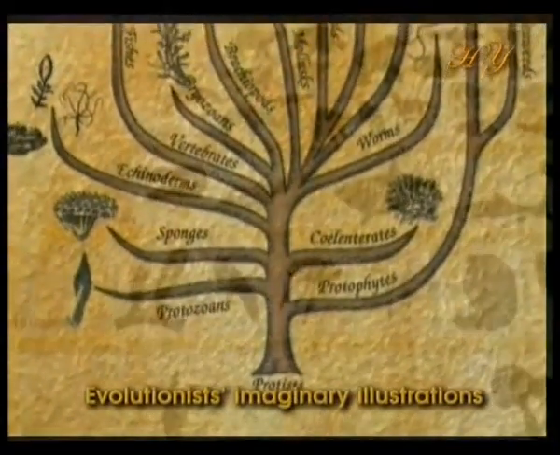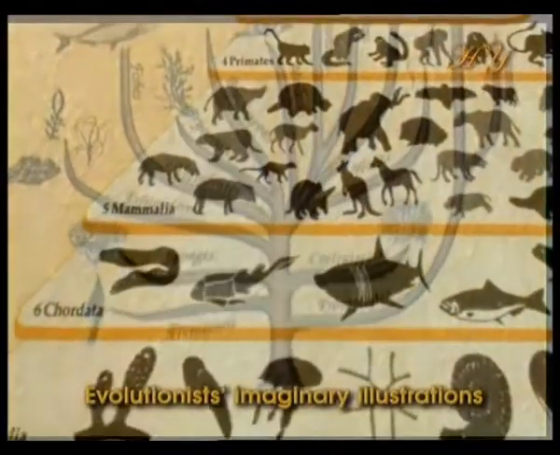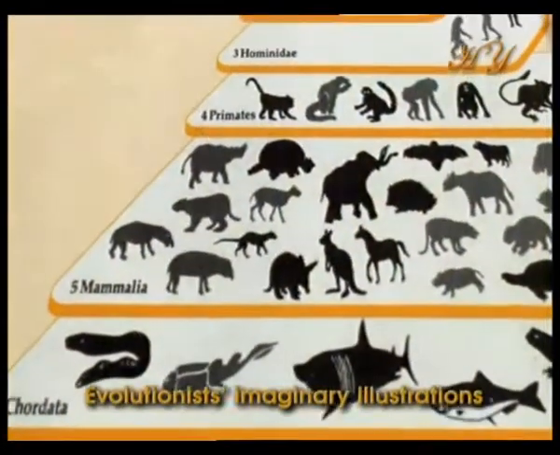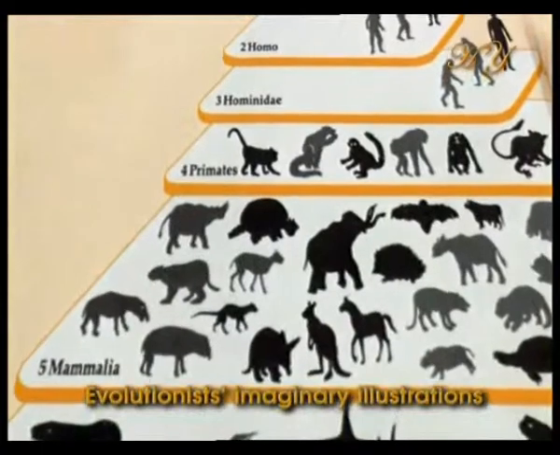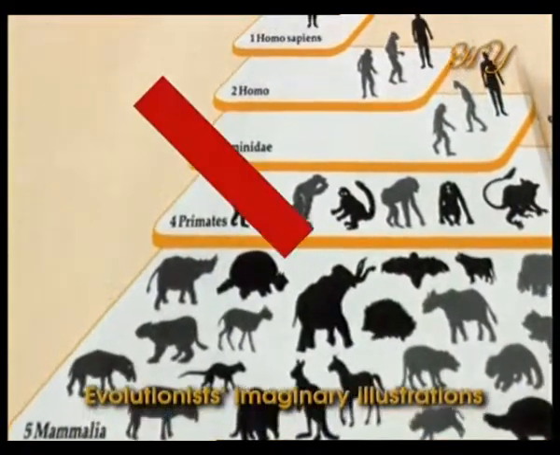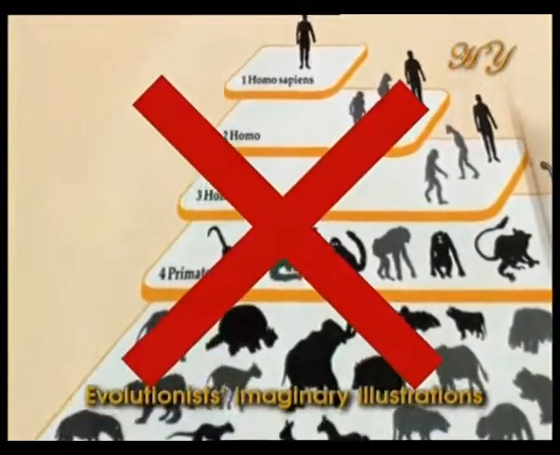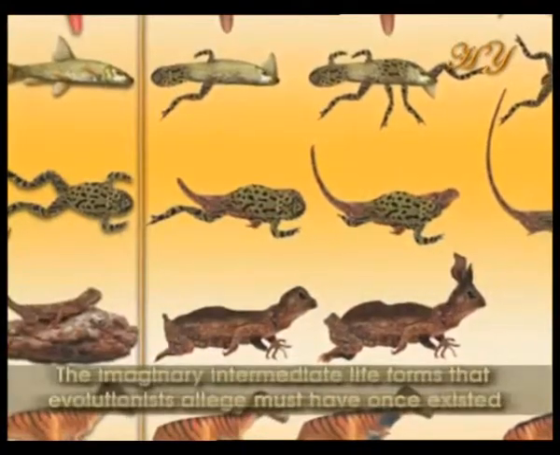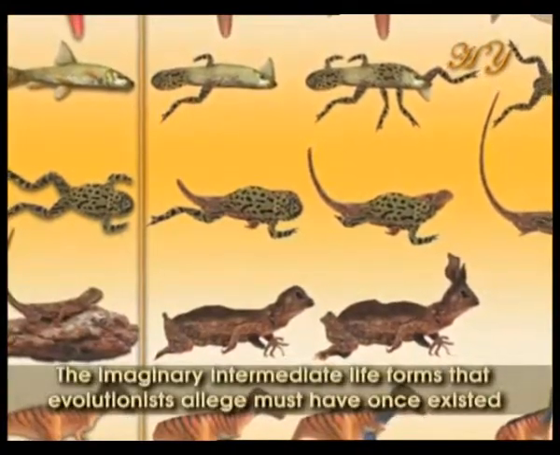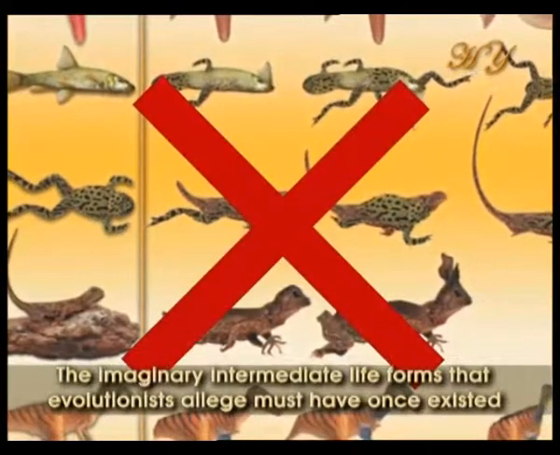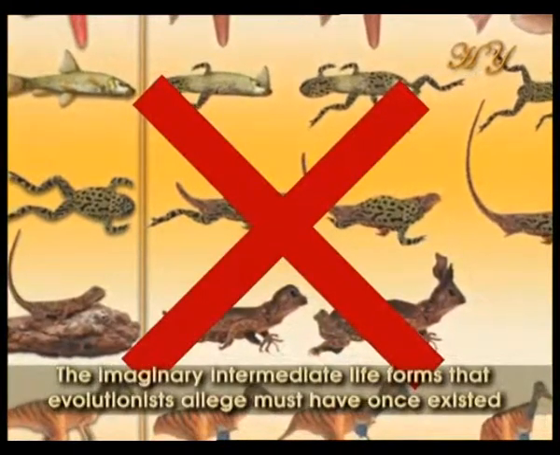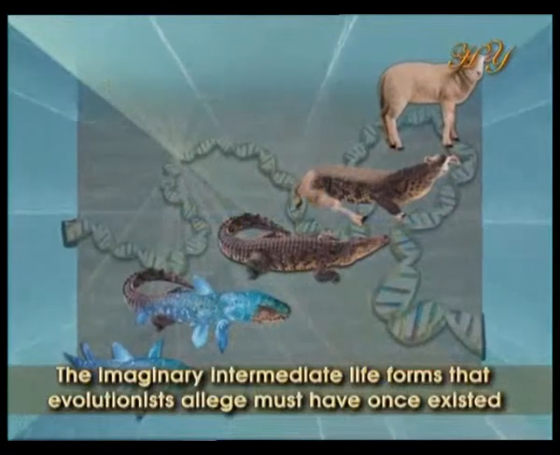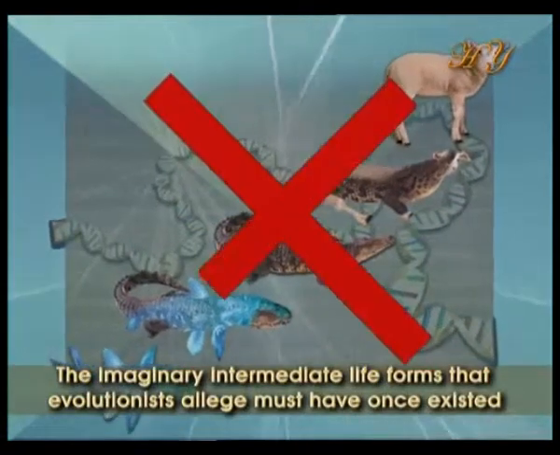According to the theory of evolution, over the passage of eons, all living things descended from one another by means of gradual changes. Yet if this claim of evolution were true, then flawed, imperfect, underdeveloped, intermediate forms representing such an imaginary process must once have existed.